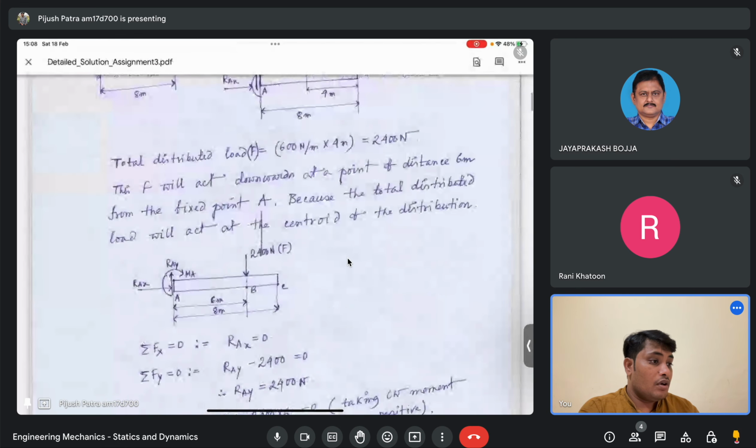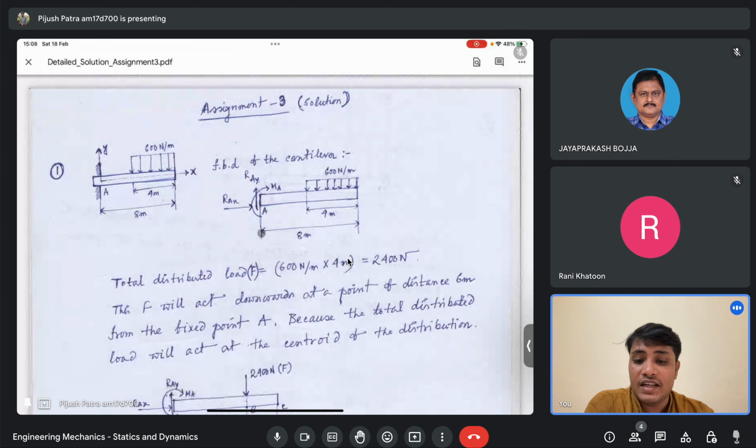So now are you able to see the screen clearly, the diagram and the writing? Are you able to see the screen?